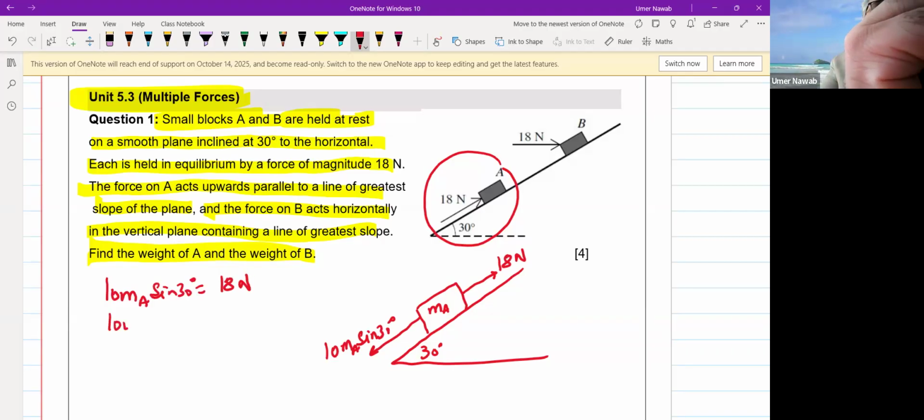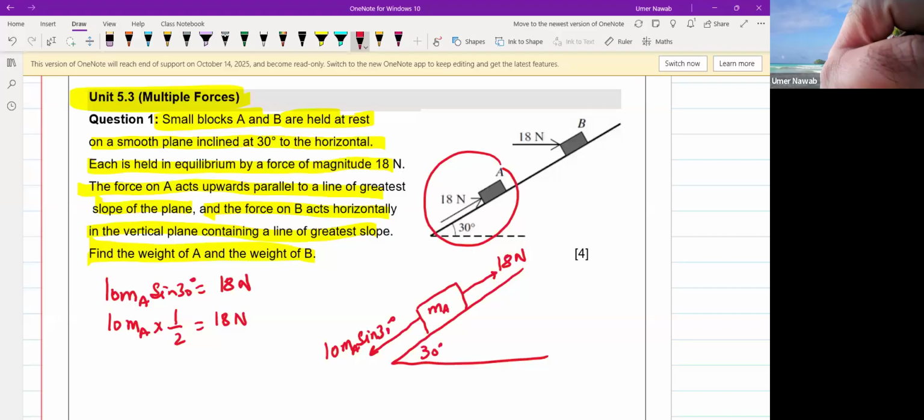So this is 10 MA, and sine 30 is a half, so 5 MA. Yes, this is the mass which is given to us.